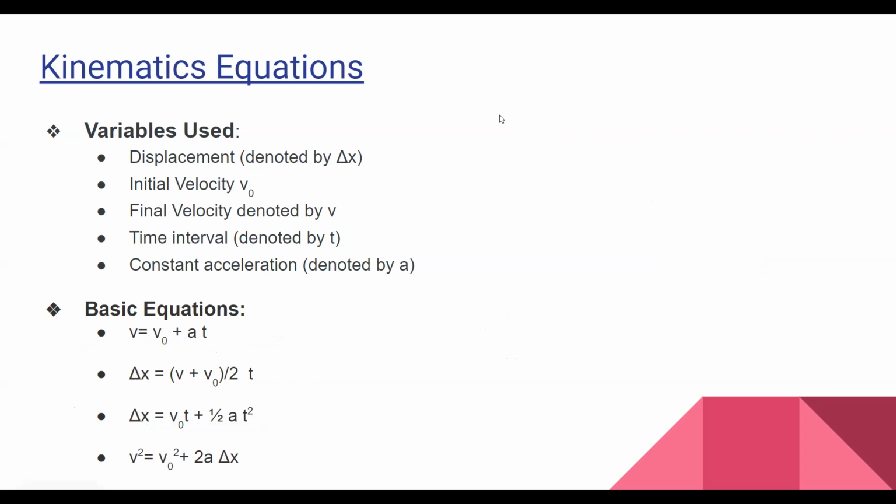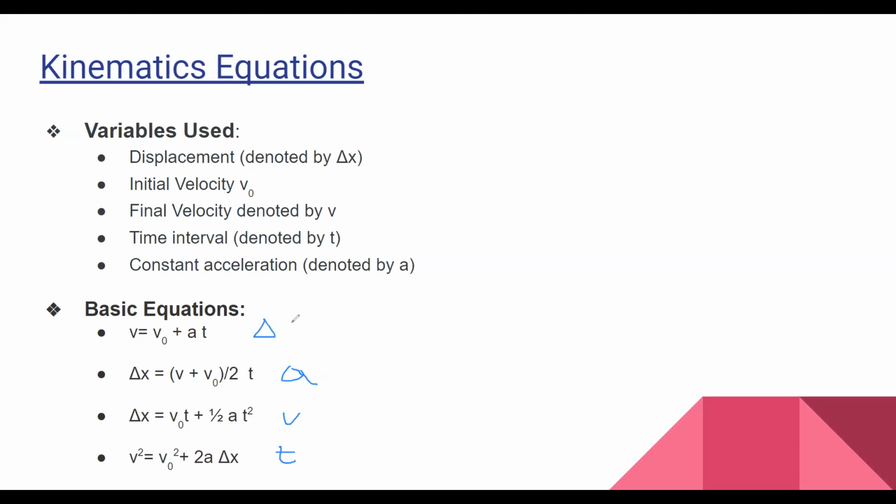All of these equations have some variable that is substituted out. That's why we have different equations. For example, here there is no final velocity, here there's no t, here there is no a, and here there's no delta x.